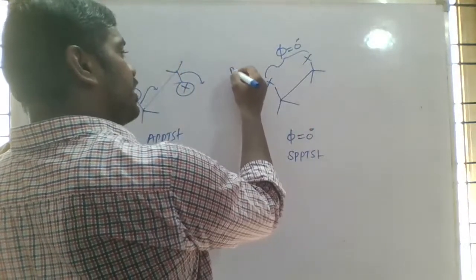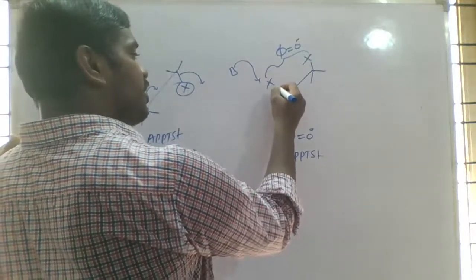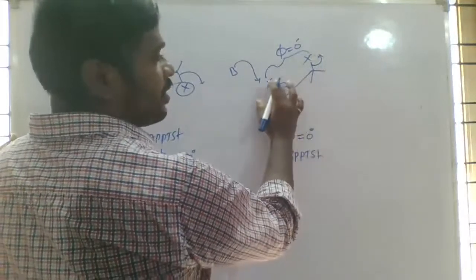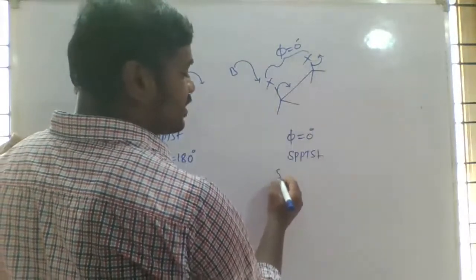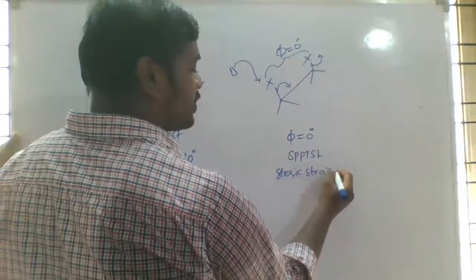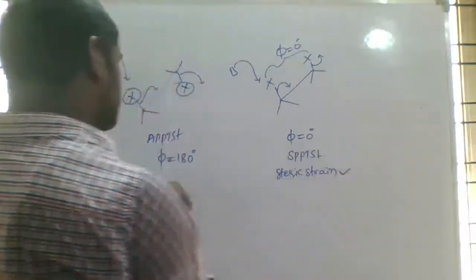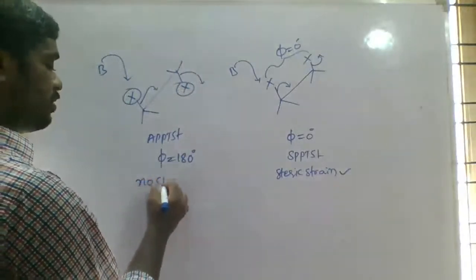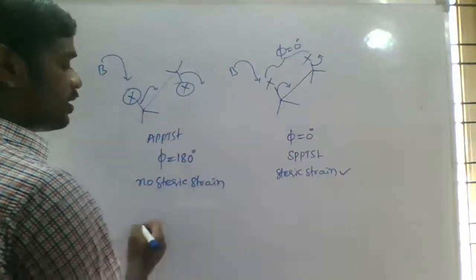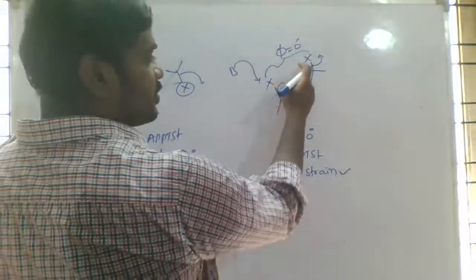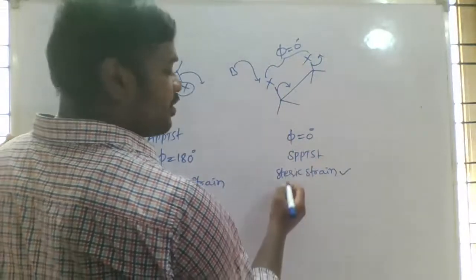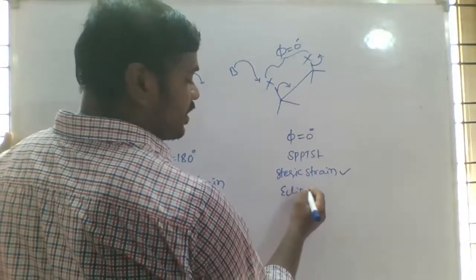Whenever we add the base, the bonding electrons shift and this group can be eliminated. So what happens between the leaving groups here? Steric strain is observed. Steric strain is present. Here there is no steric strain. And here also the same groups are on the same side with angle separation 0, so eclipsed strain is present.